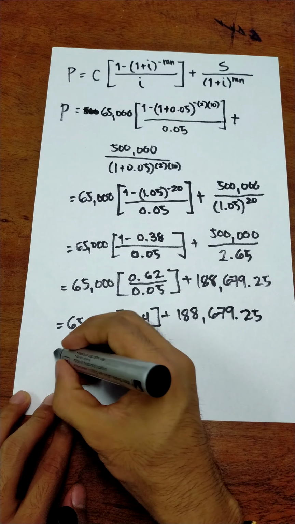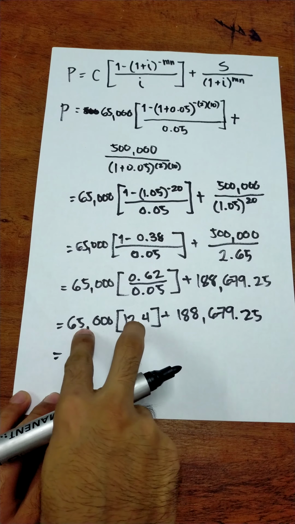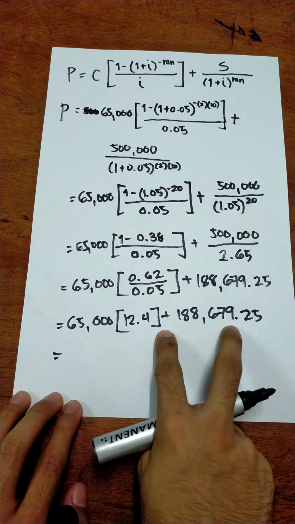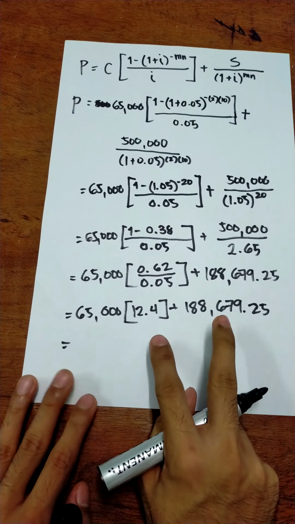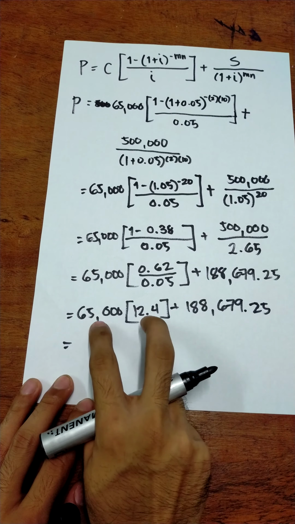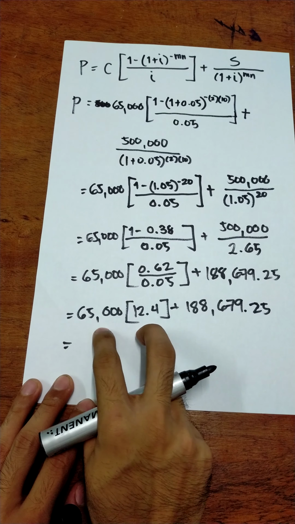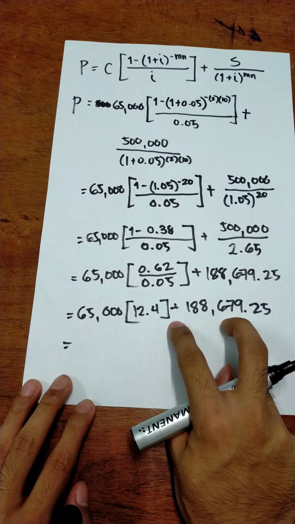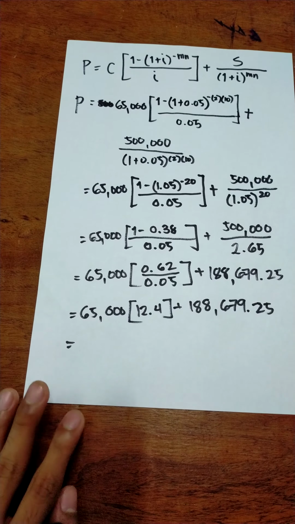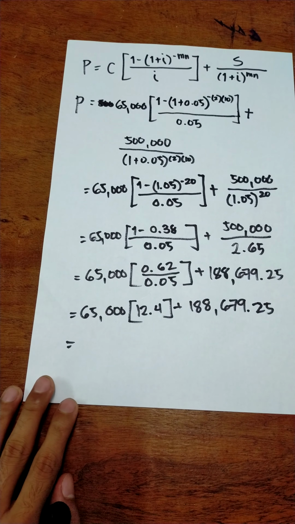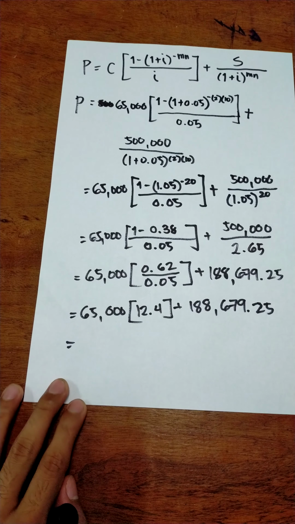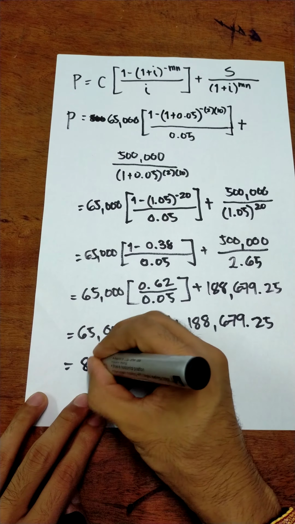Second to the last part is to multiply this one before we add. Because we always apply the MDAS rule wherein multiplication will be done first before adding or subtracting. So 65,000 divided by 12.4, we have 806,000.